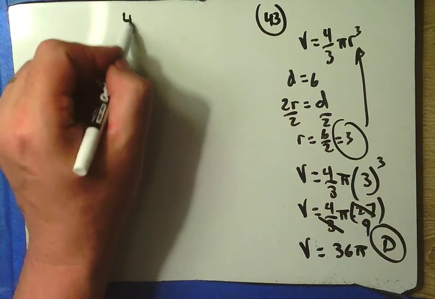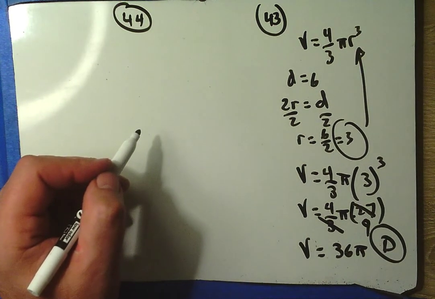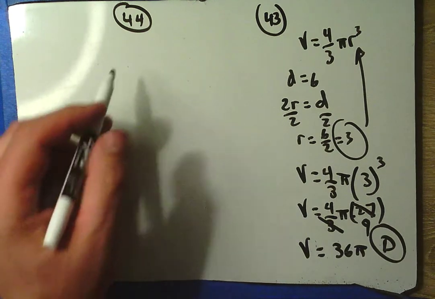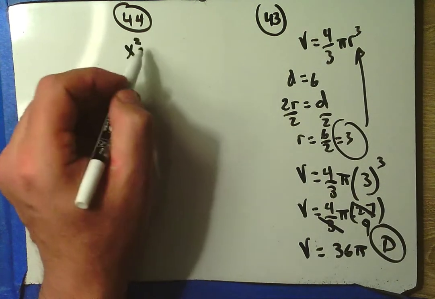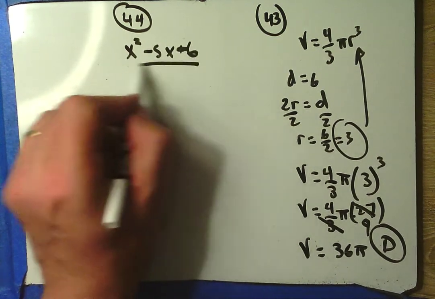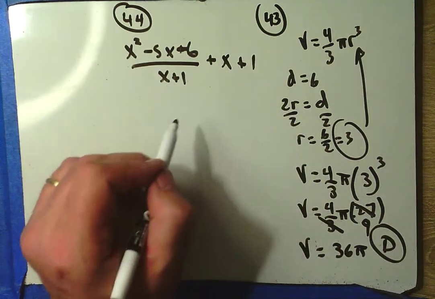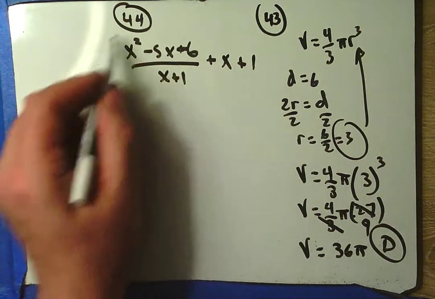How about 44? 44 says, if x isn't equal to -1, which of the following is equivalent to this expression? Okay, so x squared minus 5x minus 6 over x plus 1 plus x plus 1. Well, so I can factor here, okay?